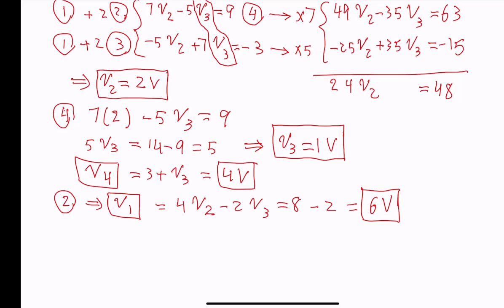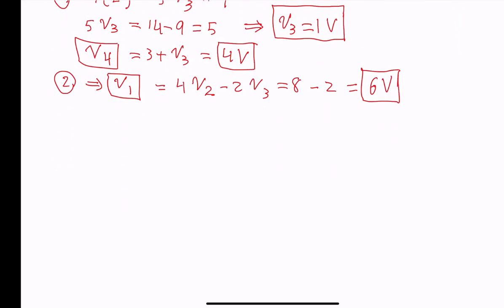We want to find the power supplied by the sources. For power, we commonly use passive sign conventions again.